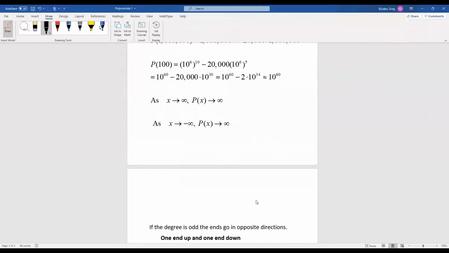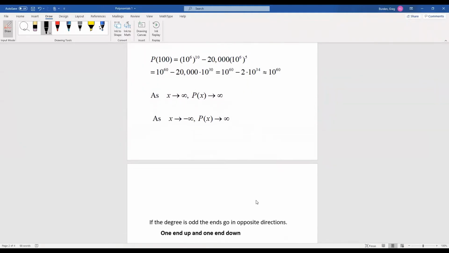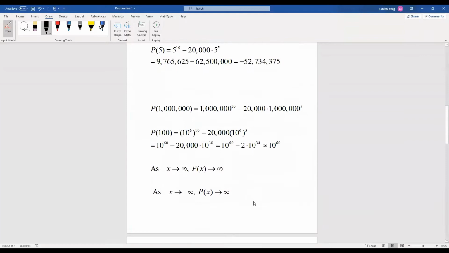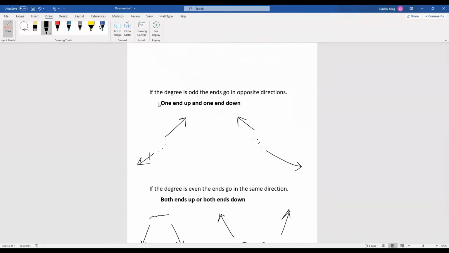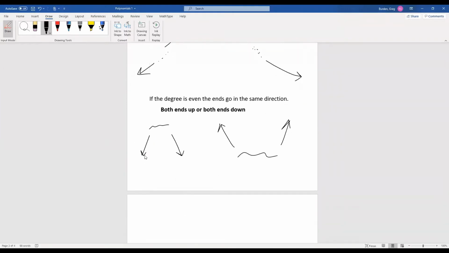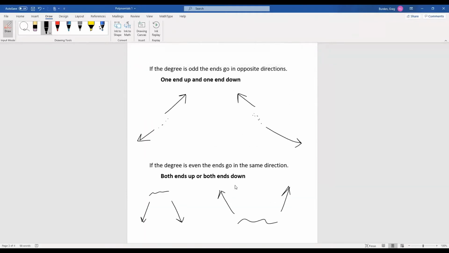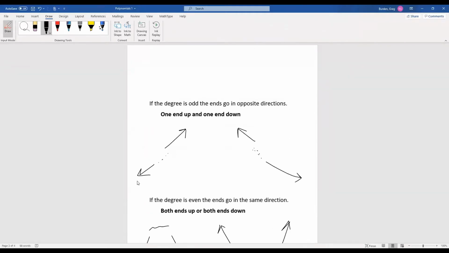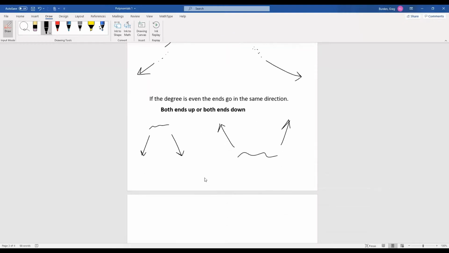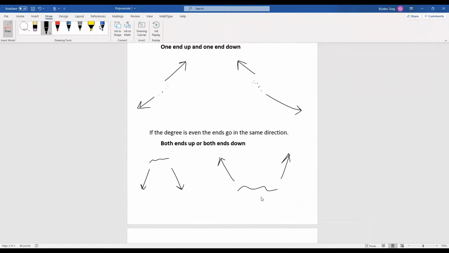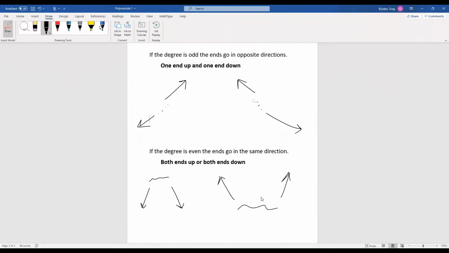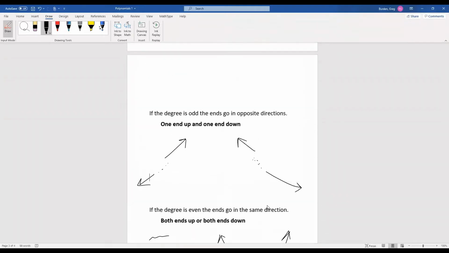We already know about linear functions, which look something like one of these two. We already know about parabolas, which look like one of these two. A cubic function, in terms of its end behavior, will be like one of these. A fourth degree will be like one of these, and so on and so forth. And I encourage you to go ahead and try a few functions on your own.